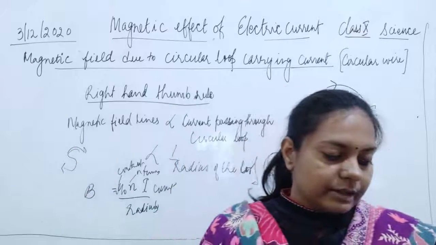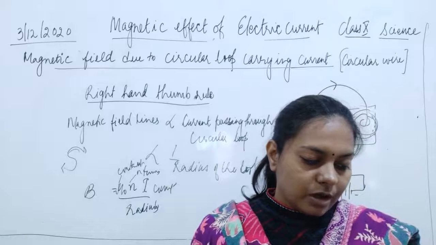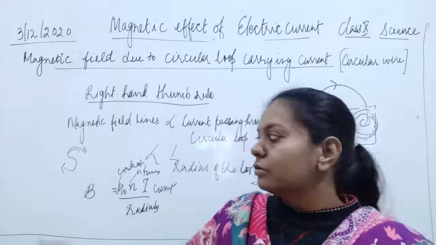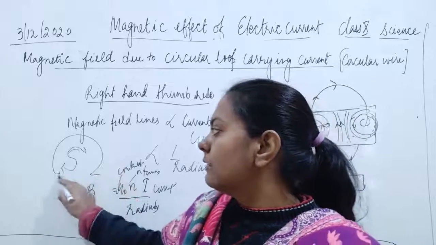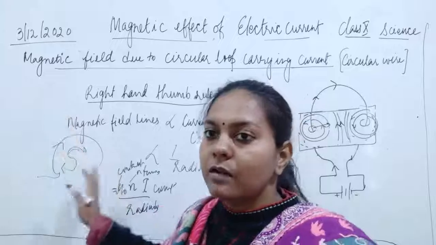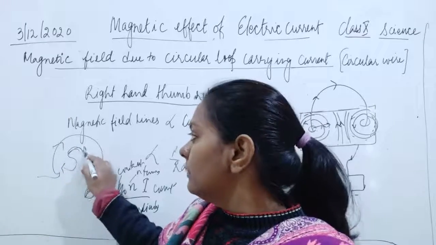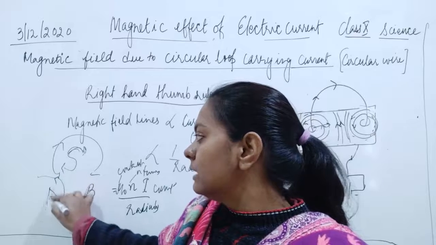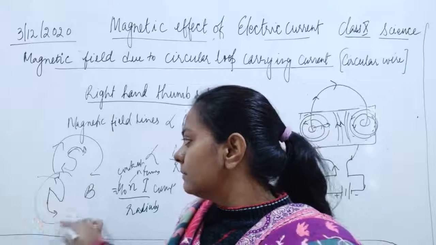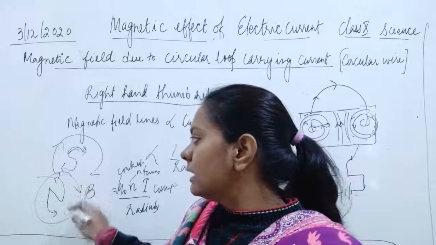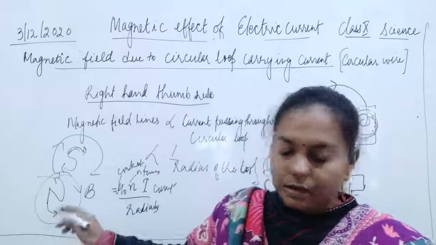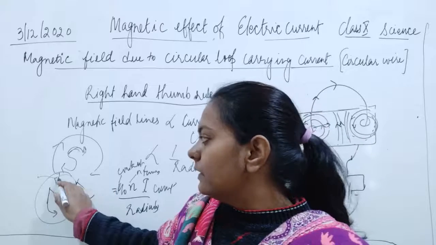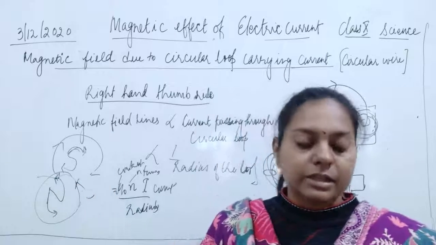The direction of the current in this face of the circular is clockwise, so the face of the circular wire carrying conductor would be south magnetic pole. कौन सा पोल डेवलप होगा? अगर ऐसा कोई वायर है जिसमें क्लॉकवाइज डायरेक्शन में जा रहा है तो साउथ पोल विल बी डेवलप्ड, एंड इफ एंटी क्लॉकवाइज. इस तरह से कोई सर्कुलर लूप है जिसमें कि करंट फ्लो कर रहा है एंटी क्लॉकवाइज डायरेक्शन में, तो इसमें जो मैग्नेटिक फील्ड प्रोड्यूस होगा वो नॉर्थ डायरेक्शन की तरफ होगा.